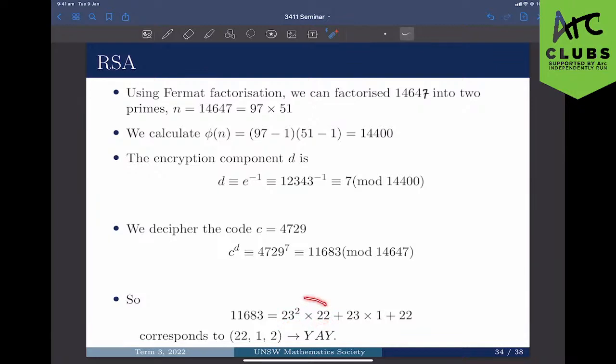And then obviously there's a remainder left, and we divide it by 23, and we can only fit 1 23, and then A3 is just the remainder after that. So the letters that we wanted to send correspond to letters 21, 1, 22, 1, and 22, and that corresponds to YAY or OEA.